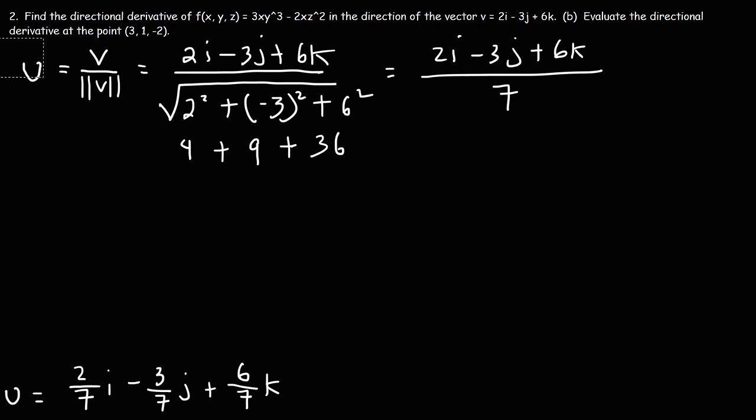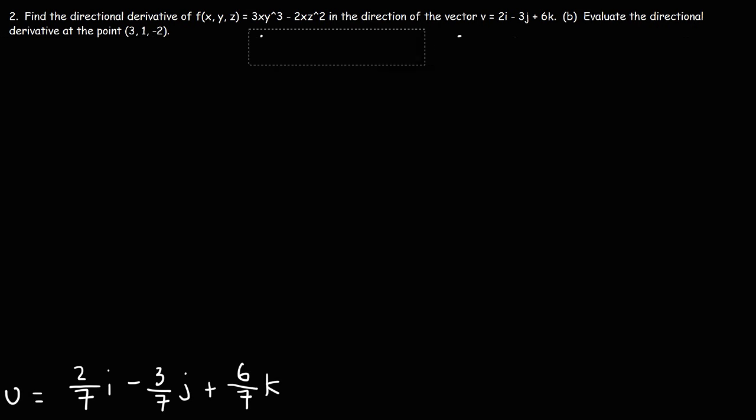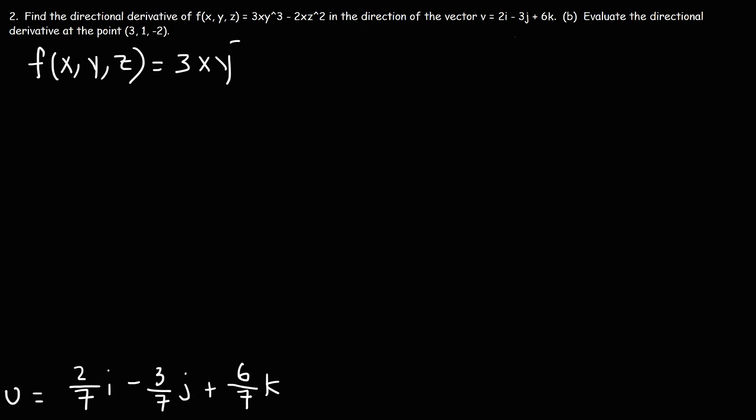So that's it for the unit vector. So now we could find the directional derivative at this point. But first, let's find the partial derivatives of f with respect to the three variables, x, y, and z.